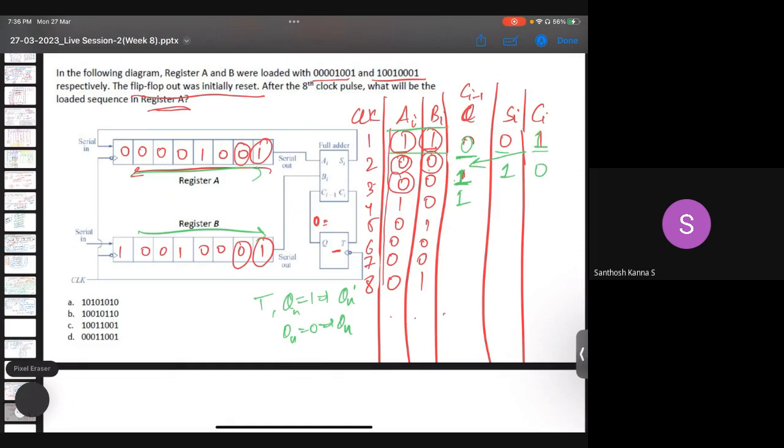So I'll just write a bit upwards since it is getting shifted. This was 0, 0, 1. This was 1, 1, 0. It will be 1 now. So 0, 0, 1 will again give 1, 0, I guess. Again the carry will be 1. So 1, 0, 1 will give 0, 1.